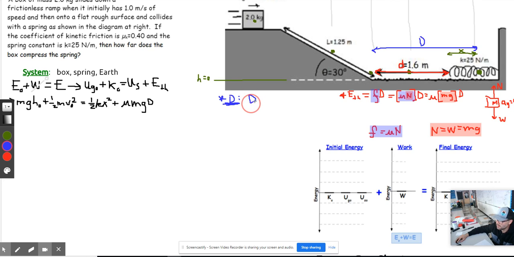So d is just equal to lowercase d plus x. And we know that this is 1.6, so 1.6 plus x is equal to d. And so we're going to put that in right here. Okay, so we went ahead and put in this for d here.